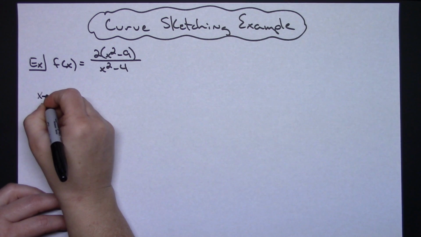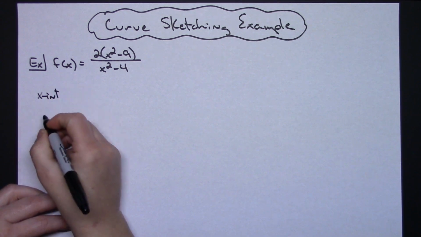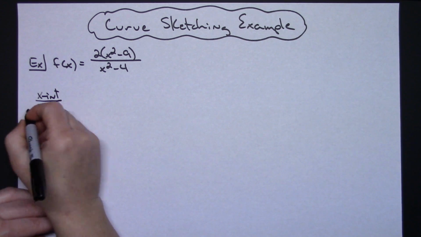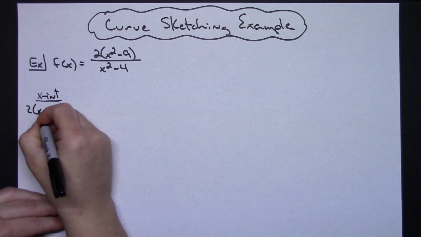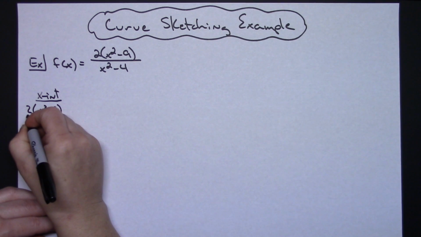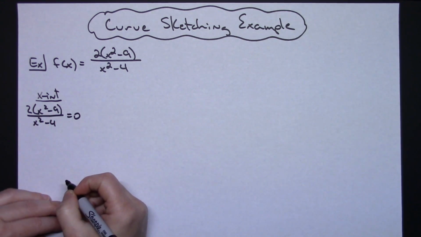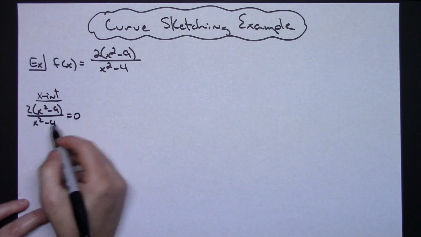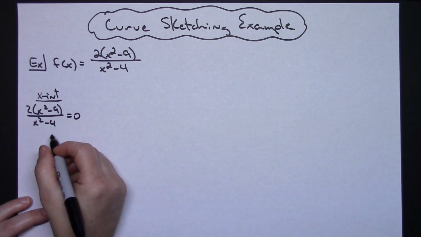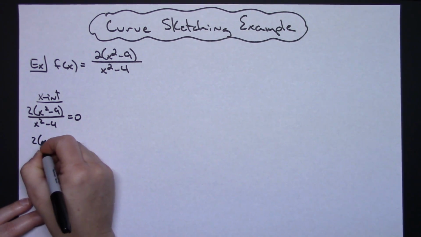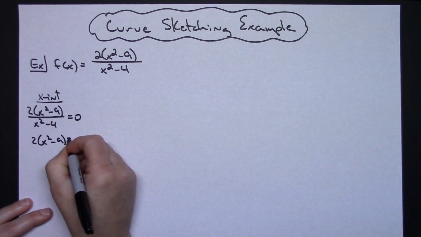Alright, let's find our x-intercepts, which means we're going to set y equal to 0. We have 2x squared minus 9 all over x squared minus 4, and we set that equal to 0. Multiplying both sides by the x squared minus 4, that leaves us with 2x squared minus 9 equals 0.